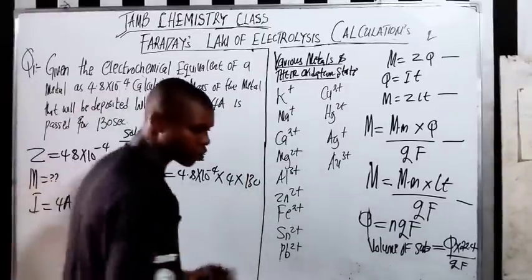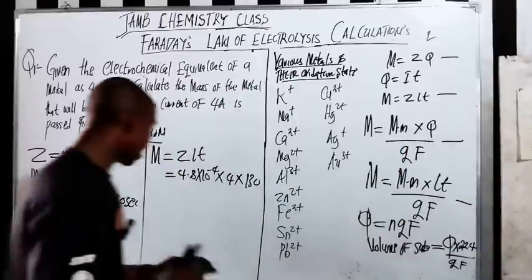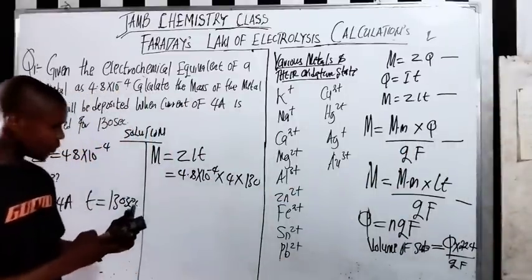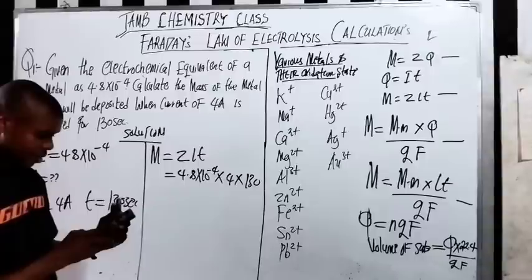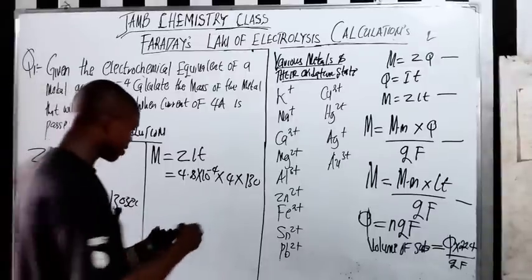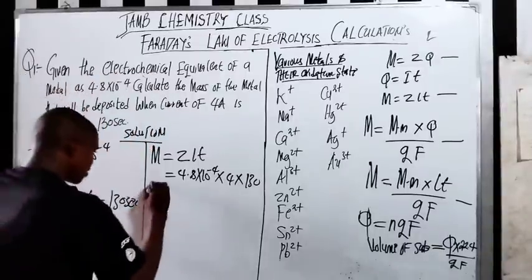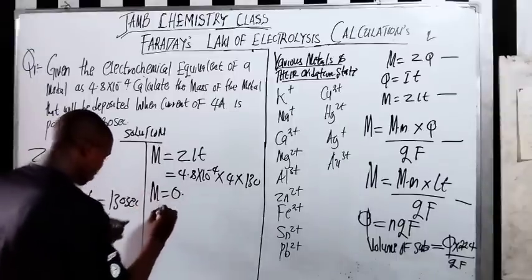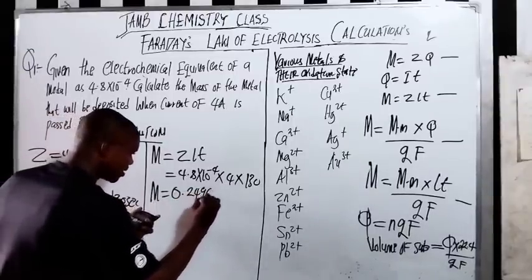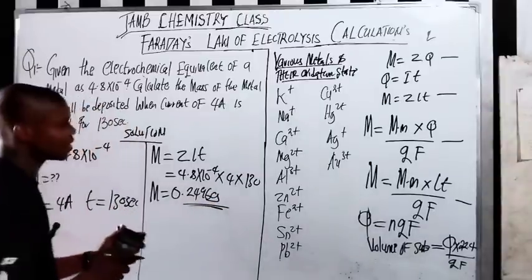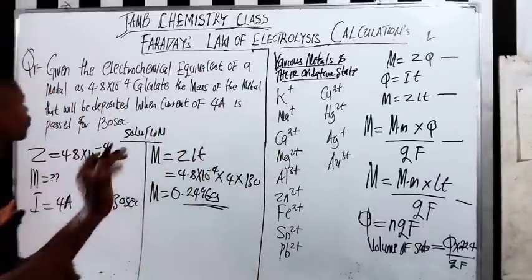So let's use our calculator to solve it. You have 4.8 × 10⁻⁴ times 4 times 130. So the mass is going to be 0.2496 grams. That is your answer. Now let me give you one for you to try.